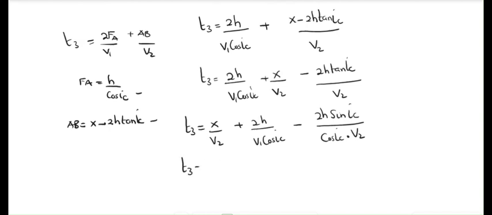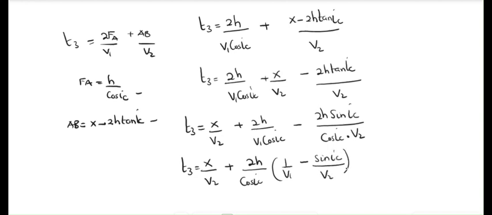So I can say T is equal to X over V2. I can bring 2H out. I can also bring cos IC out. So here will be like 1 over V1 minus sine IC over V2, right?